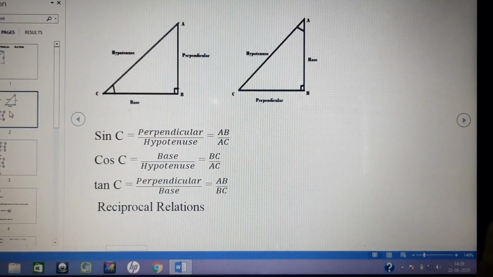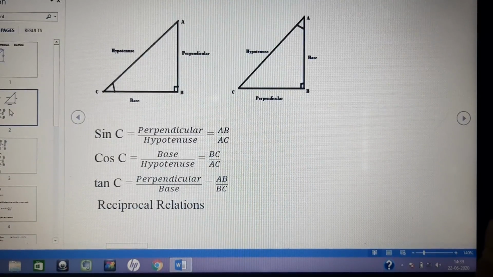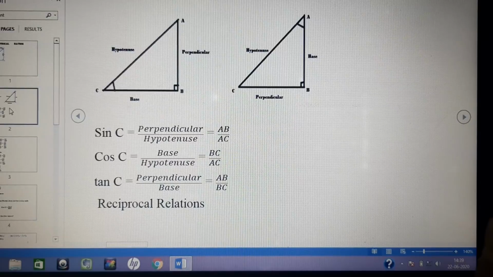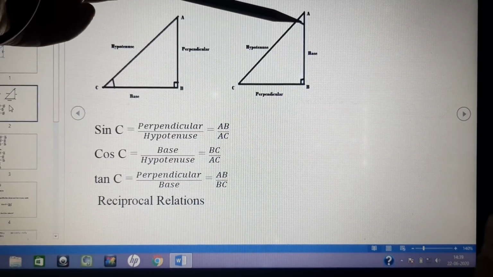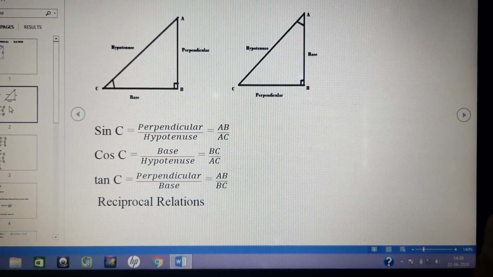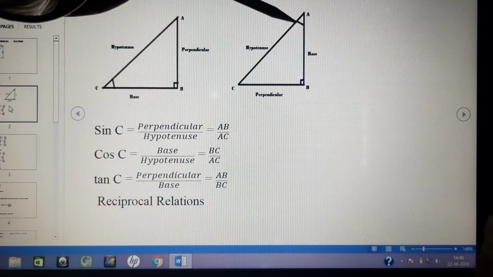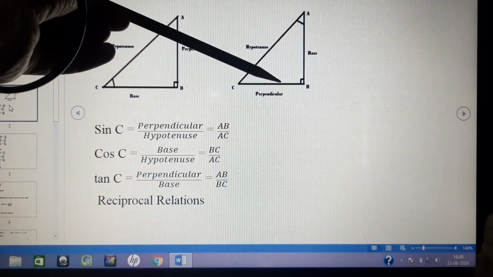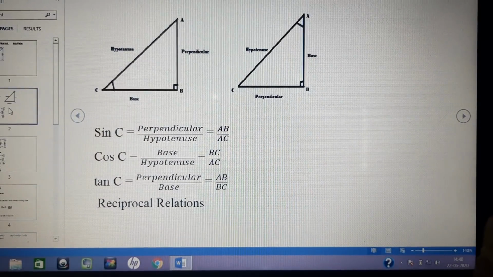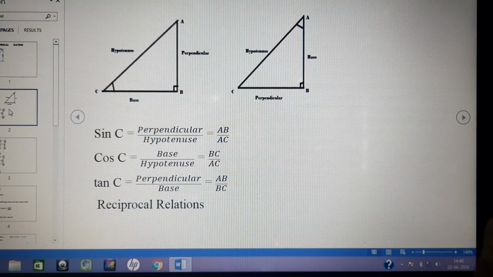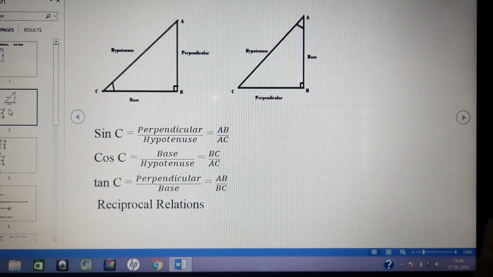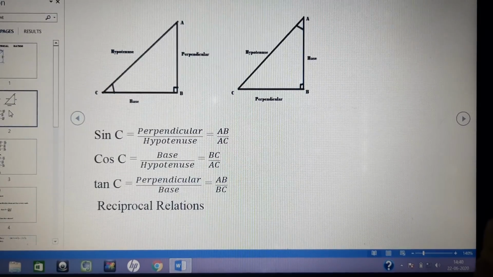Clear? What will happen if we change the angle? Now I am taking angle A with all the trigonometrical ratios: sin A, tan A, cot A. If we take acute angle A, opposite to angle A, BC becomes the perpendicular. AC will definitely be the hypotenuse, and the leftover side AB becomes the base.